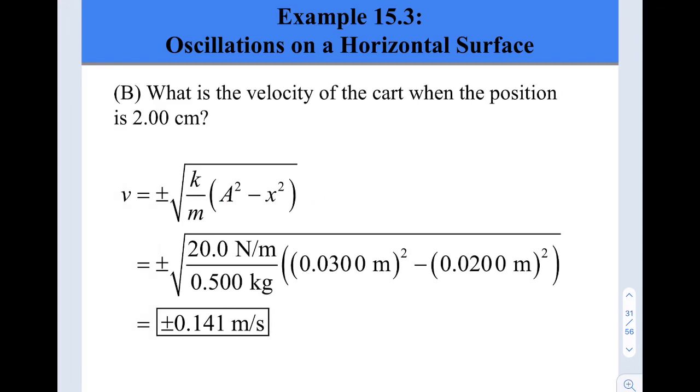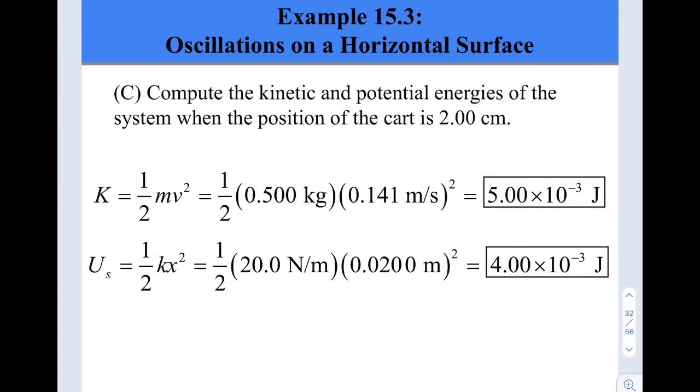Substitute A as 0.03, it must be in SI units because all of this is in SI units. So K over M times 0.03 meter squared minus 0.02 meter squared. Then you will get this answer. At any time that it reaches this position, this is the magnitude of it, positive or negative, depending on whether the object is moving to the left or to the right.